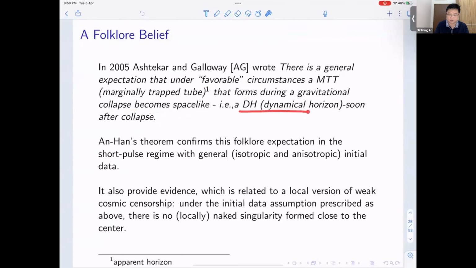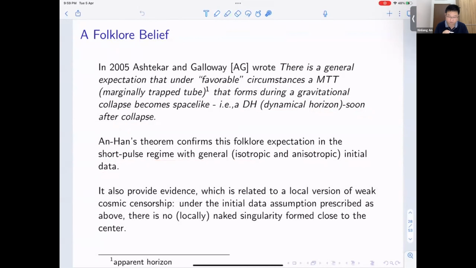That is, a dynamical horizon soon after collapse. The result by Han and me actually confirmed this folklore expectation in the short pulse regime, with general both isotropic and anisotropic initial data.